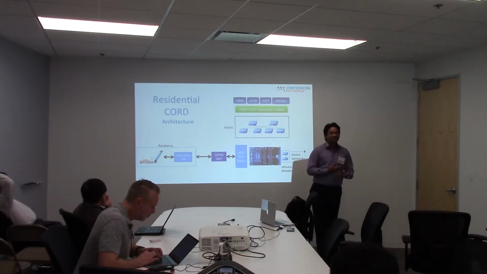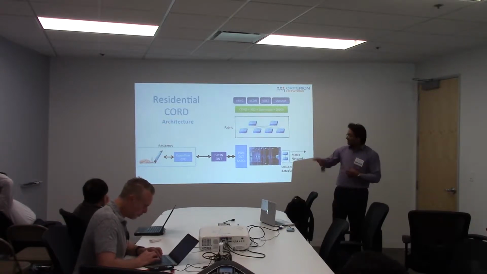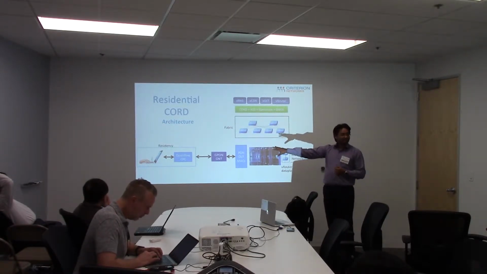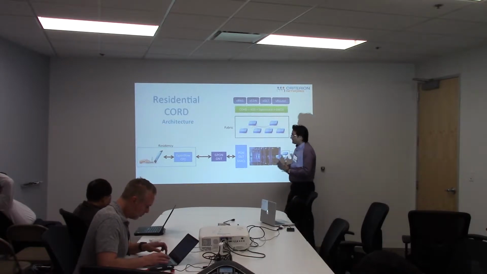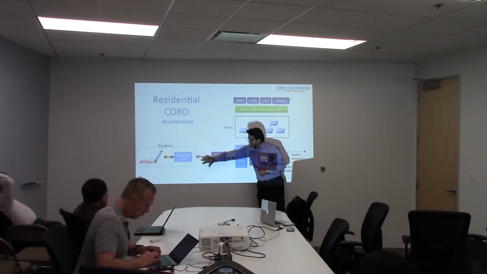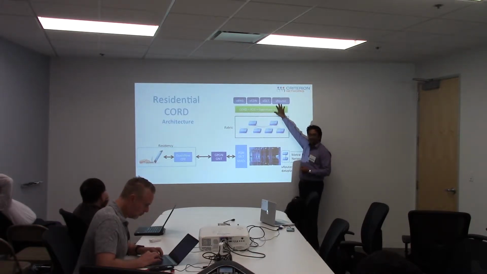Say for example you want to have firewall or parental control or some of these elements. It's very difficult unless your endpoint device actually supports those features, right? So with CORD, what happens with virtual service gateway is you are moving the intelligence away from this specific point into the fabric on top of CORD.